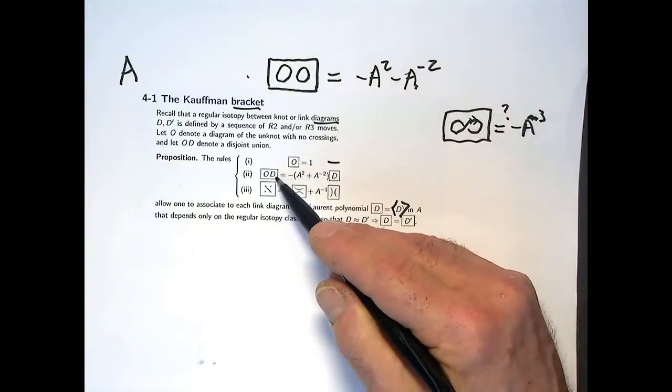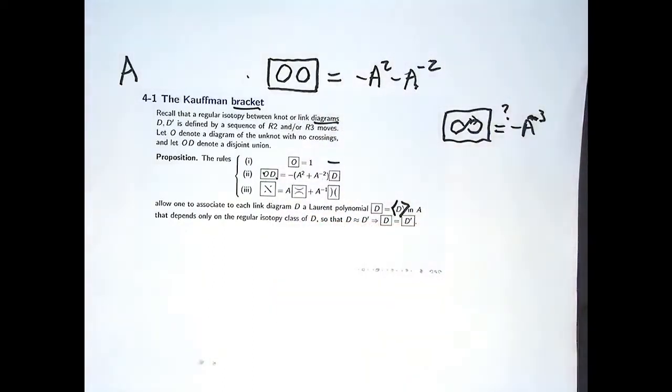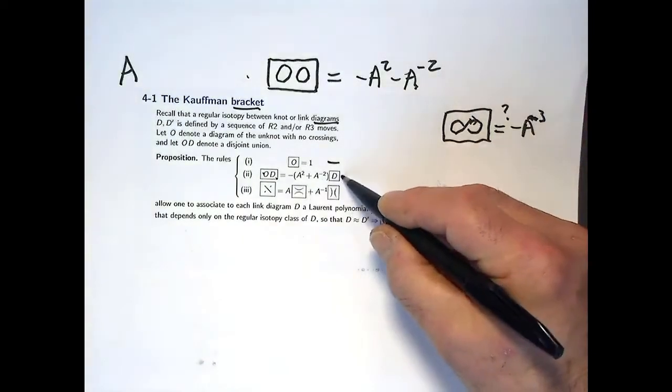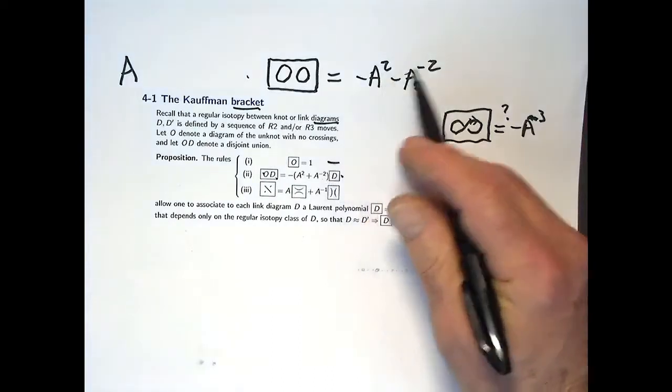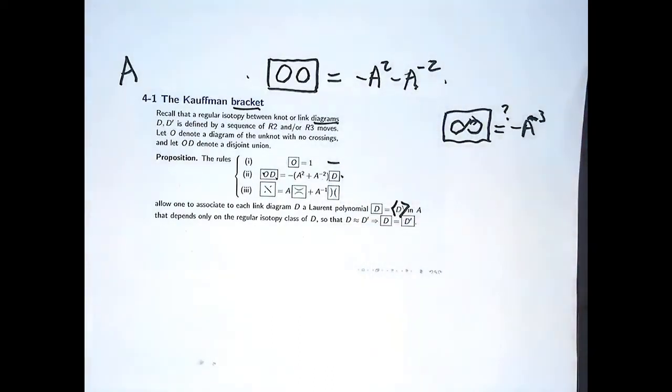If you have a diagram and you put an unknotted diagram, a topological circle, next to it, the Kauffman bracket of that disjoint union is just the Kauffman bracket of the original knot or link multiplied by this quantity here, minus A squared minus A to the minus 2. It's a strange rule, but that's what it is.